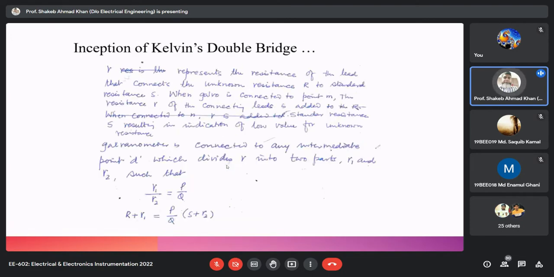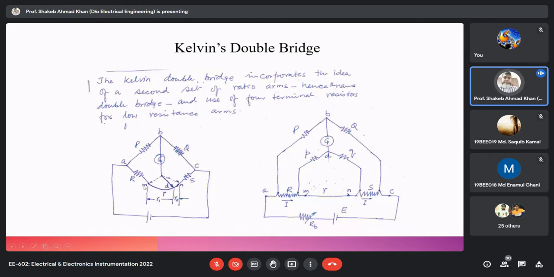So last time we discussed the implementation, because the challenge is where to connect the galvanometer so that this lead and contact resistance can be divided into two parts, R1 and R2, such that R1 upon R2 is equal to P upon Q. So the physical modification that represents this conceptual modification is this: instead of connecting in between, two real resistances are used, P and Q, because you can see that this is the point M, this is the point N, and this is the lead and contact resistance.